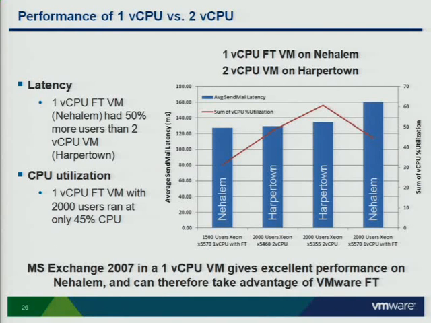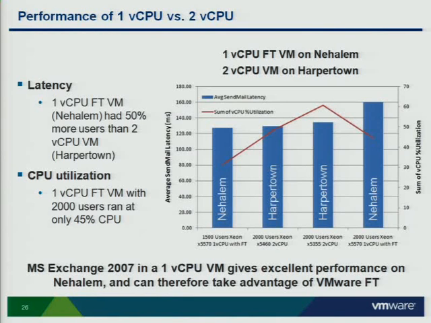So the first one I'll talk about is latency. If you notice, this blue bar here and this blue bar, those are the average send-mail latencies for Exchange 2007. And on the left here, the Nehalem is showing a latency very similar to the Harpertown processor.